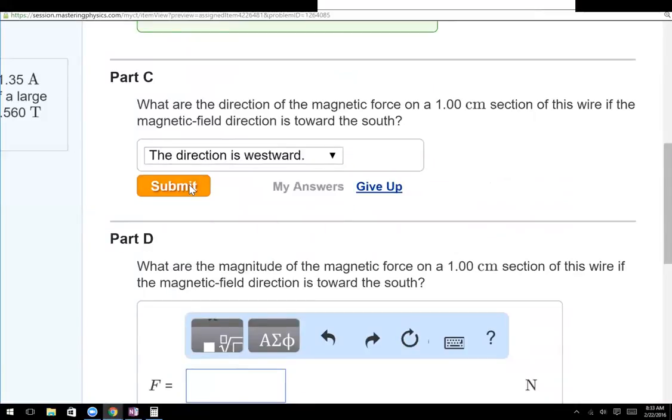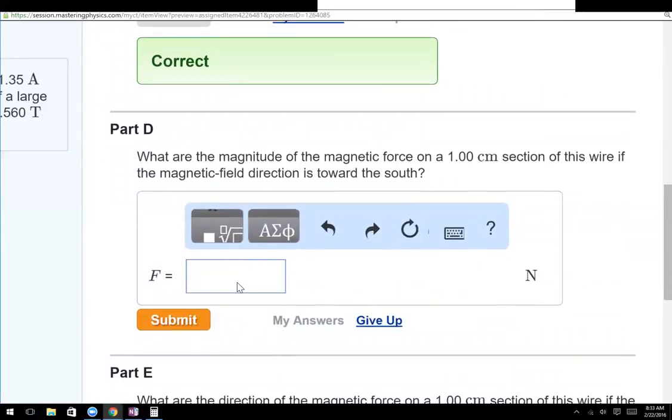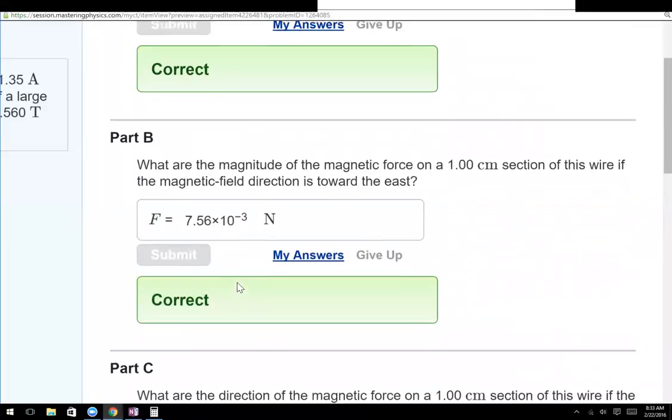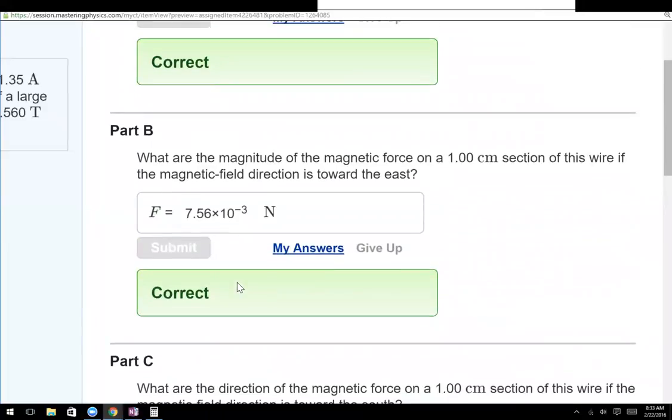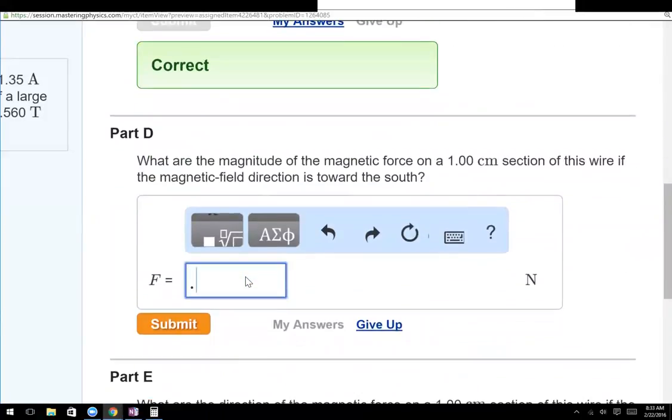It's now going west. And the angle hasn't changed. You still have the wire perpendicular, so it's still going to be the same force. 0.00756.